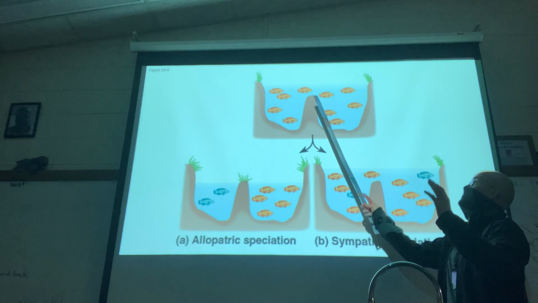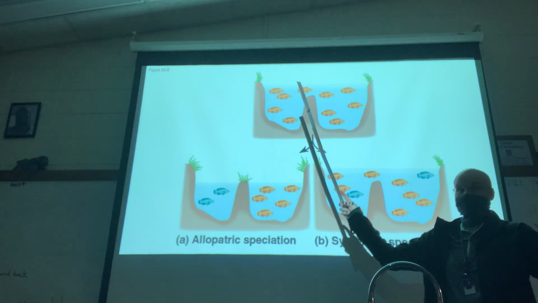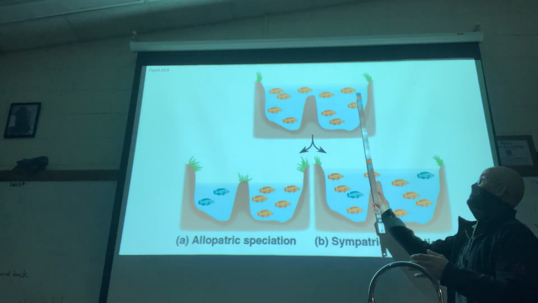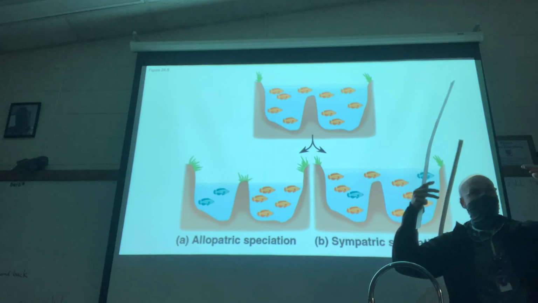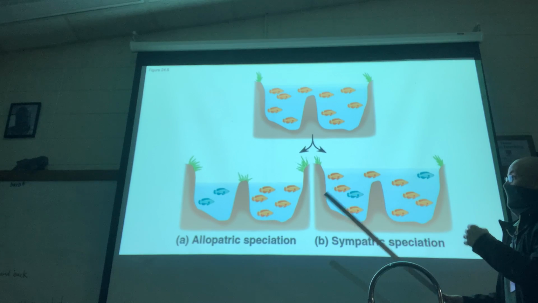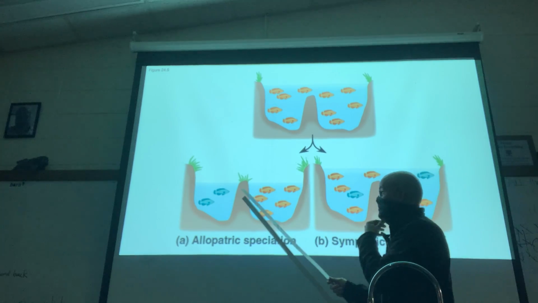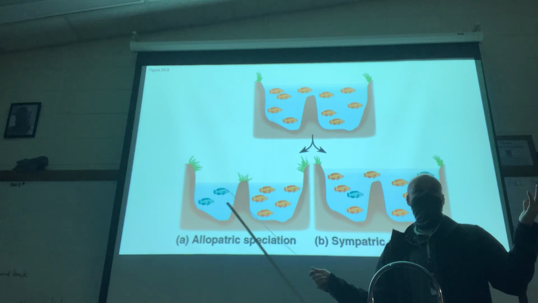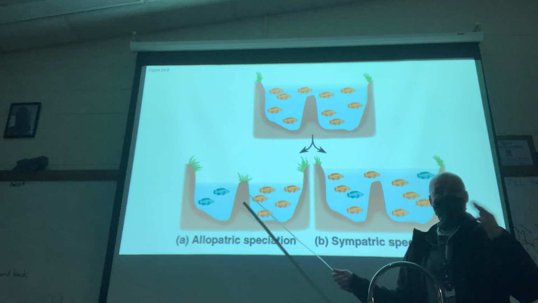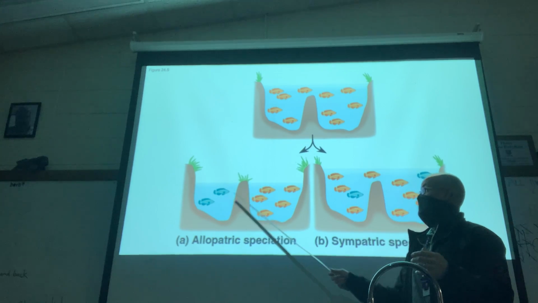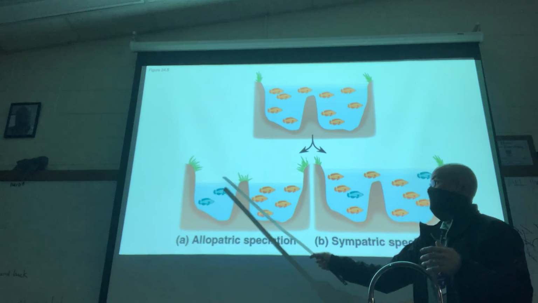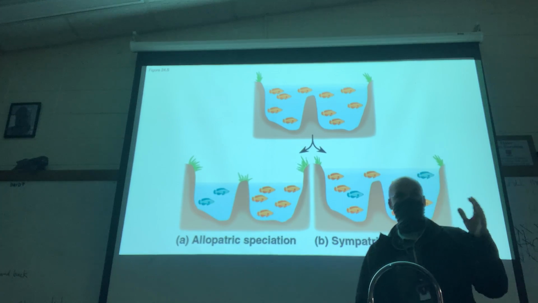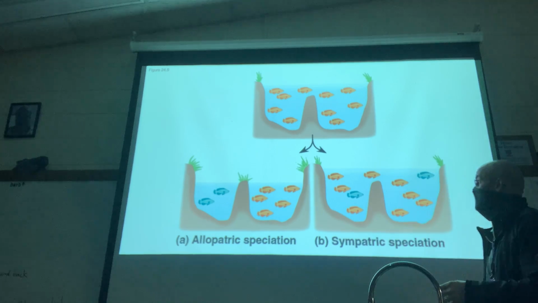But we see cases all the time of a population that is together and interbreeding. And with allopatric speciation, a lot of times it can be a geographical barrier that physically separates the two populations, and given enough time, they each separately change into their own species.